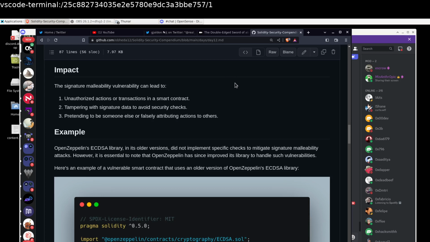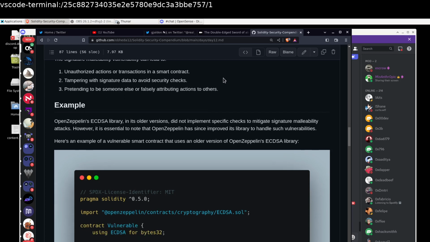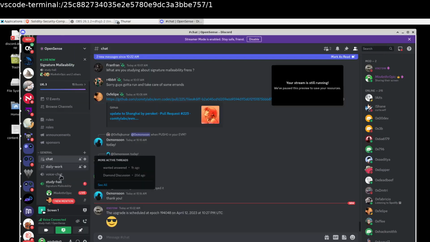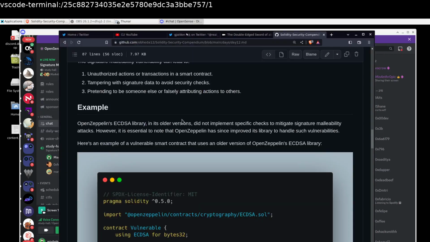So let's take a look at the example here from OpenZeppelin at the ECDSA library. Older versions did not implement specific checks to mitigate signature malleability attacks. However, it's essential to note that OpenZeppelin has since improved its library to handle such vulnerabilities.